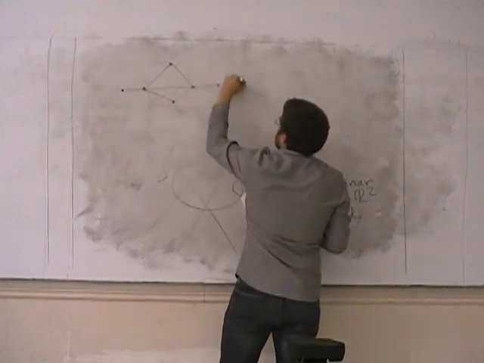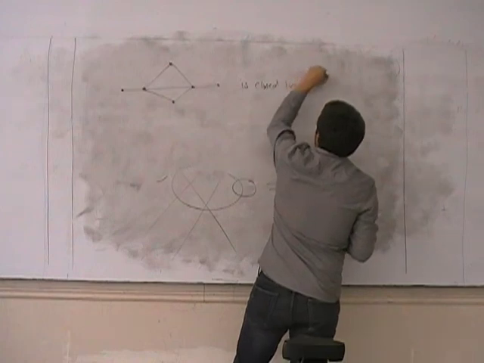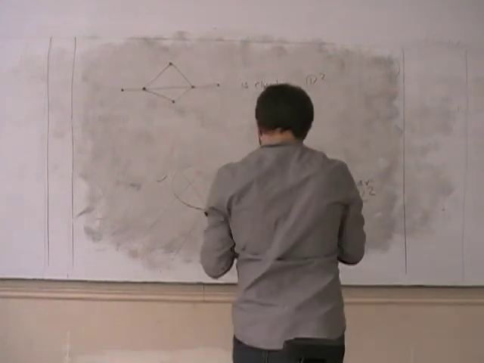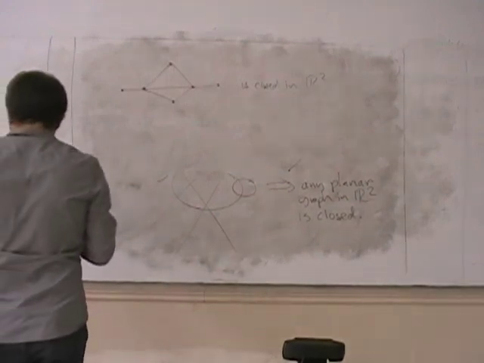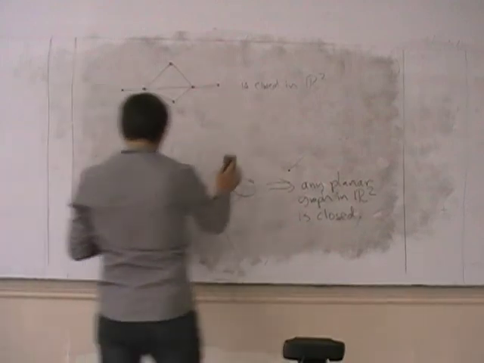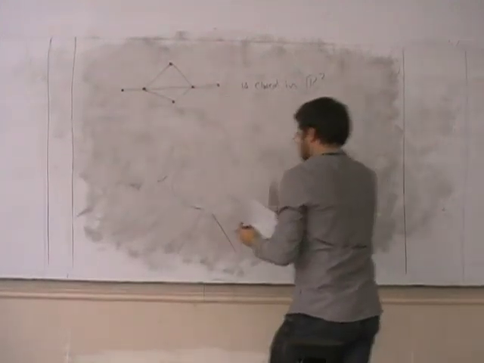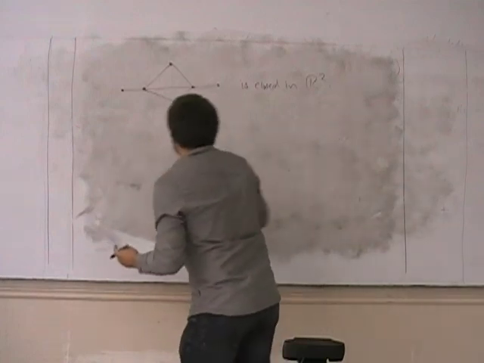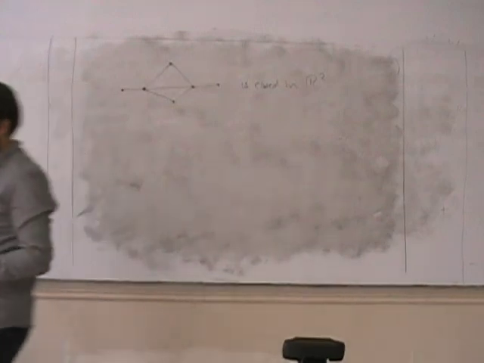This is closed in R2. So the finite union of line segments or lines, circles, ellipses, and all those things is closed.